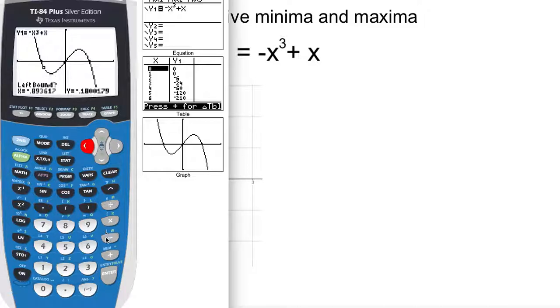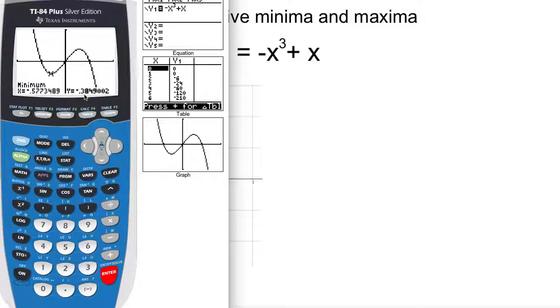So this is definitely to the left. I hit enter. I ask for a right bound. I move it somewhere to the right. Hit enter. I ask for a guess. I don't care. I usually just hit enter again. And there we go. So my minimum here would be -0.577 and comma -3.85.